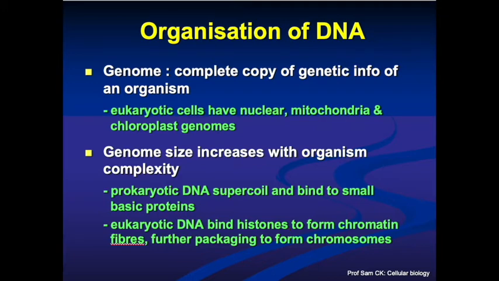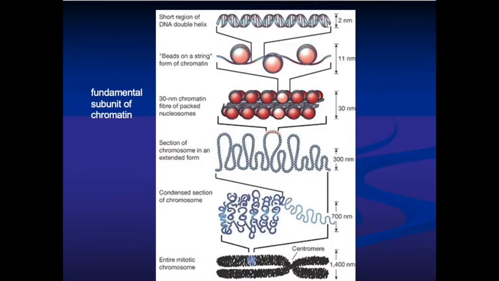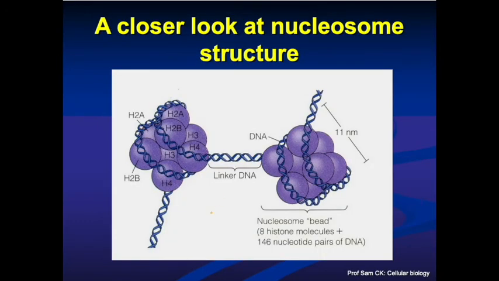You see here, these beads represent the histones. The DNA wraps around the histone structure, and if we zoom in, we see how the DNA is wrapped around this nucleosome structure.